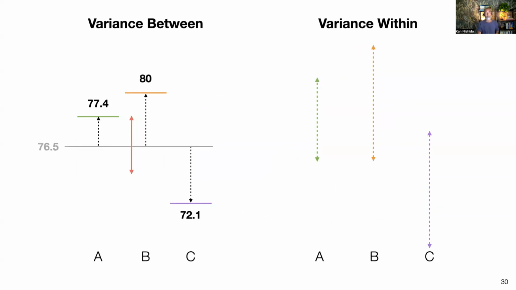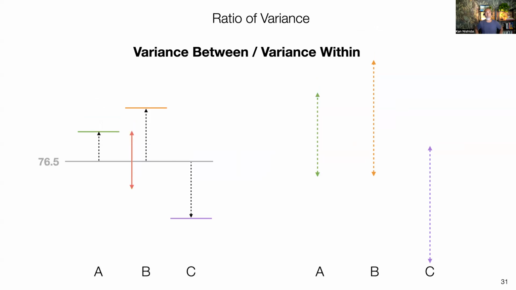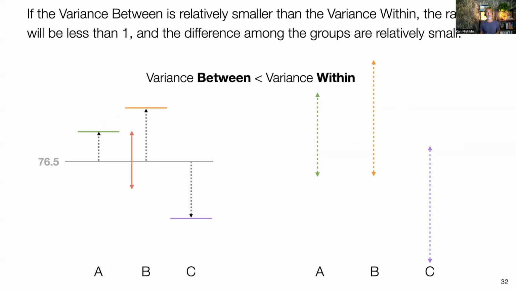And then we calculate the ratio. That means variance between, the red line, divided by variance within, these dotted lines. And then what happens is if the variance between is relatively smaller than the variance within, so the left-hand side is smaller than the right-hand side, then the ratio will be less than 1.